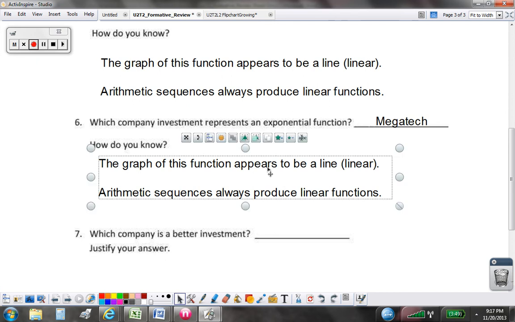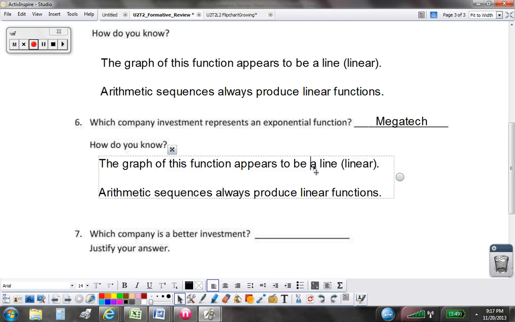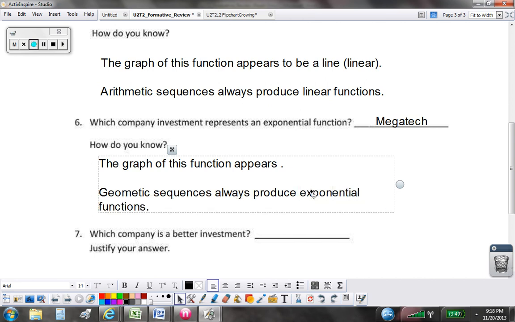The graph of this function, let's start here. Geometric sequences always produce exponential functions.